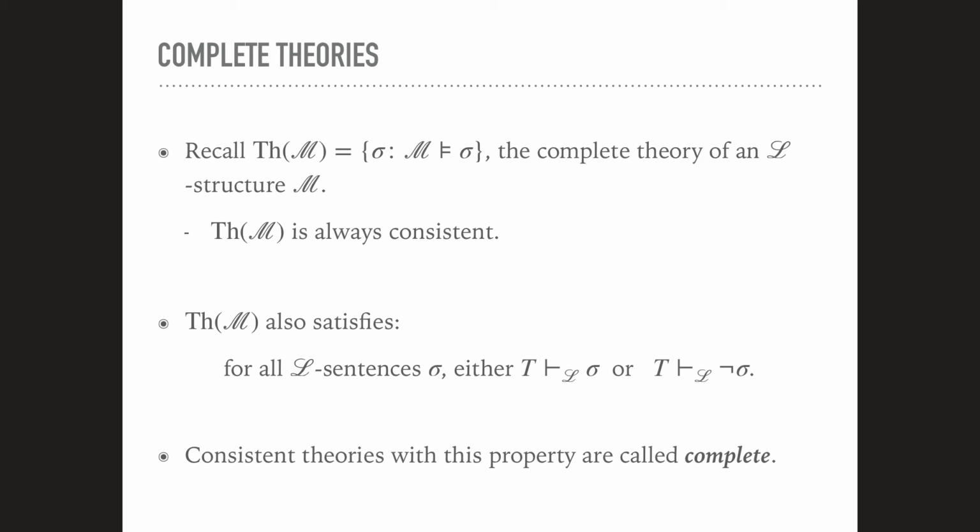And that's because, well, suppose the theory proves phi, and it also proves at the same time not phi. Well, then by soundness, remember, we had this property of our proof system called soundness, that if you can prove something, it actually also gives us logical implication.